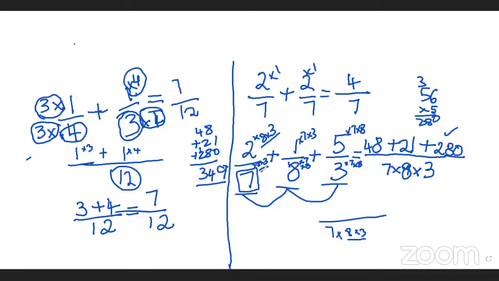So 7 doesn't have 8 times 3, so with 7, I'm multiplying 8 times 3. And with 2 also, I'm multiplying 8 times 3. What I multiply in the denominator, the same thing should be multiplied in the numerator also. Are you okay with that?